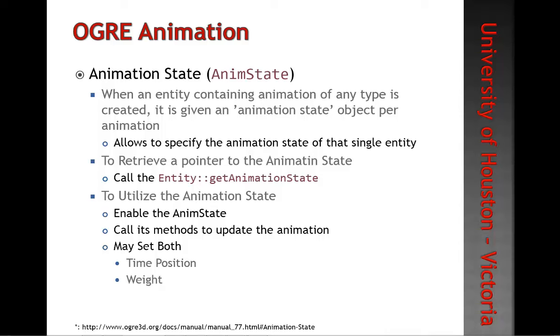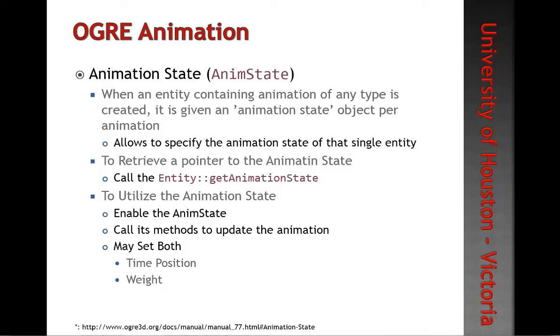Or even in the frame started event. Each animation state needs to be enabled before we're able to utilize it, and we can use the set enabled method for our animation states to have it take effect. We can also set both the weight of the animation and the time position of our animation state, whichever we feel appropriate to implement the effects and animations that we want.